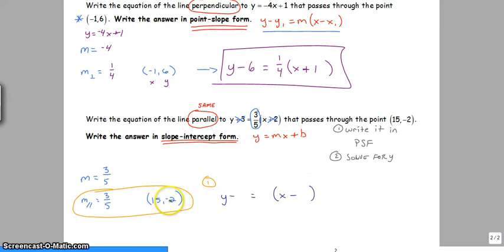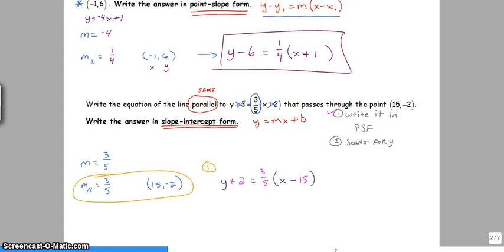My y coordinate is -2, so I make this +2. My slope is 3/5. My x coordinate is 15. That's step 1. I have not answered this question yet because it says to put this in slope-intercept form, I need to solve for y. That's my last step here.